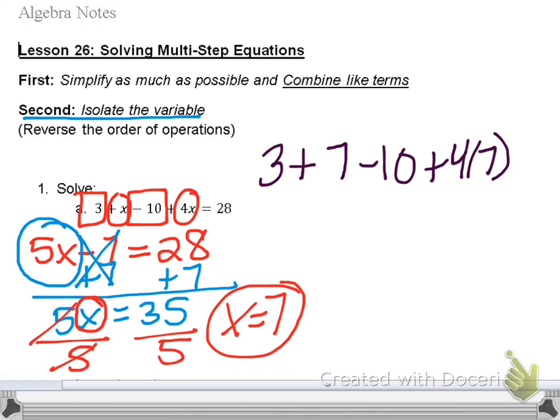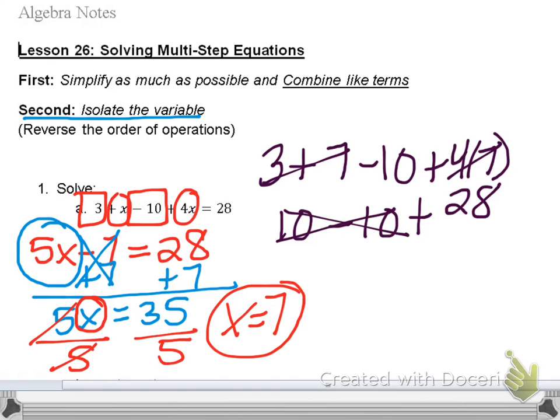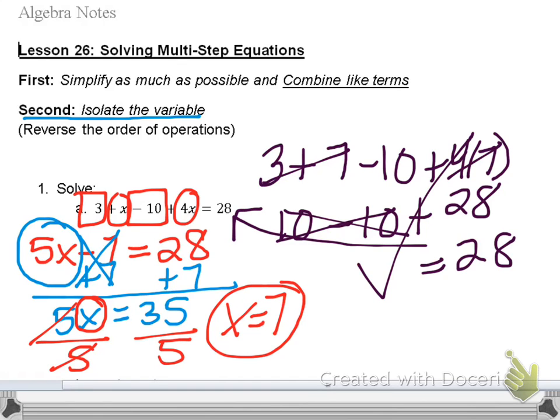What we want to do first is multiply 4 times 7, which is 28. And then we can add and subtract from left to right. So 3 plus 7 is 10, and then I have minus 10, and then we have plus 28. And 10 minus 10 is actually 0. So our final answer is 28, which is what we started with here. So we know that that's correct.